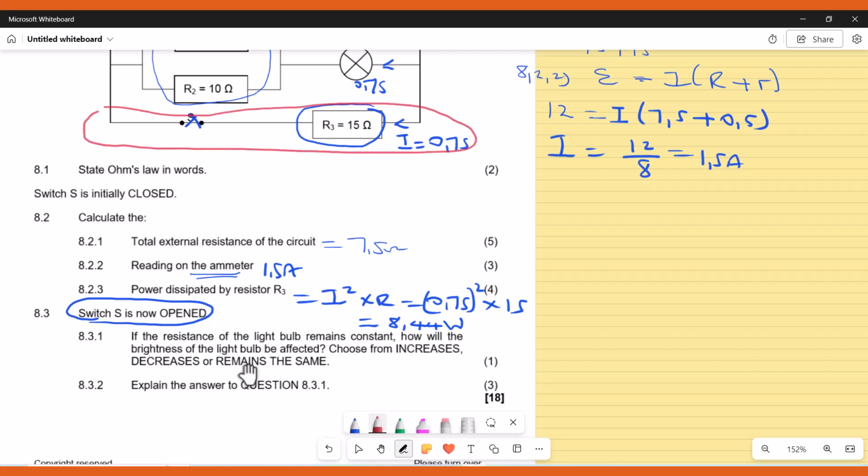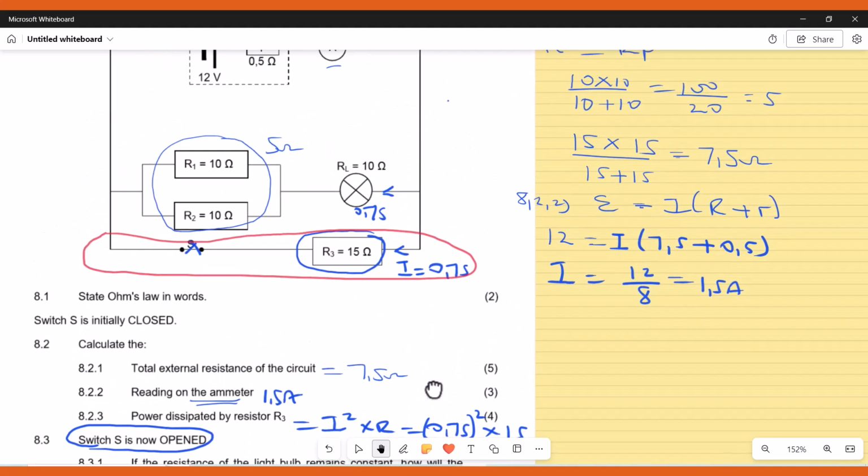It means that my total resistance, remember, was 7,5 ohms when the switch was closed. But now the switch is open, I'm left with the 10 plus 5, which is 15 ohms.